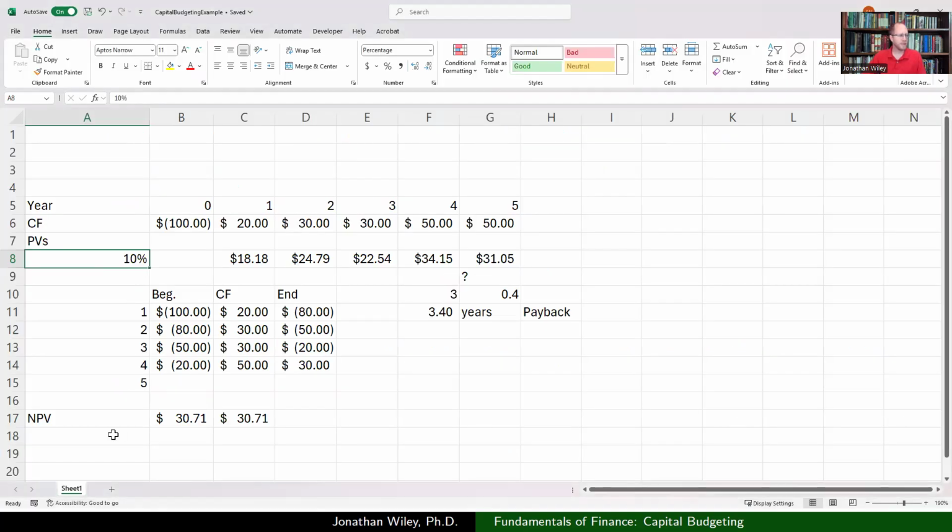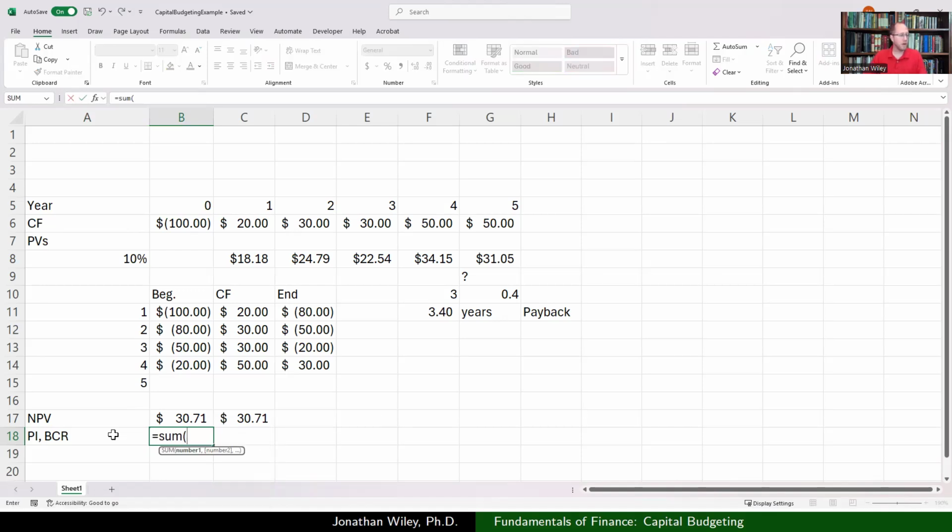So I'm calculating the profitability index or benefit cost ratio. I'm going to take the present value in divided by the present value that's going out. So I'm going to sum all of these present values that we had here, which are the present values coming in, and then divide by the present value that's going out.